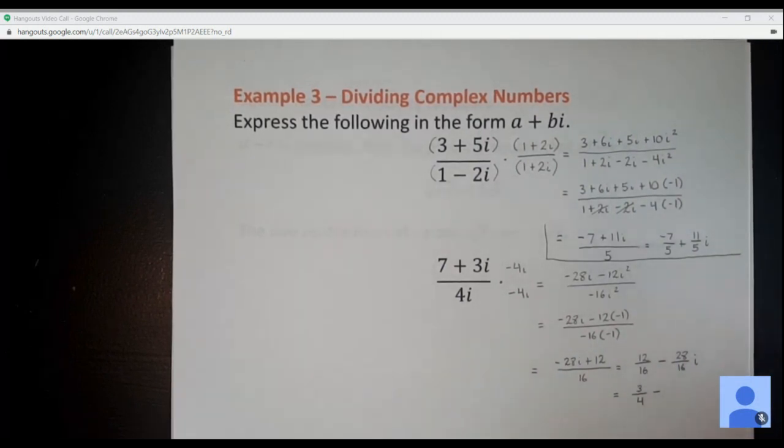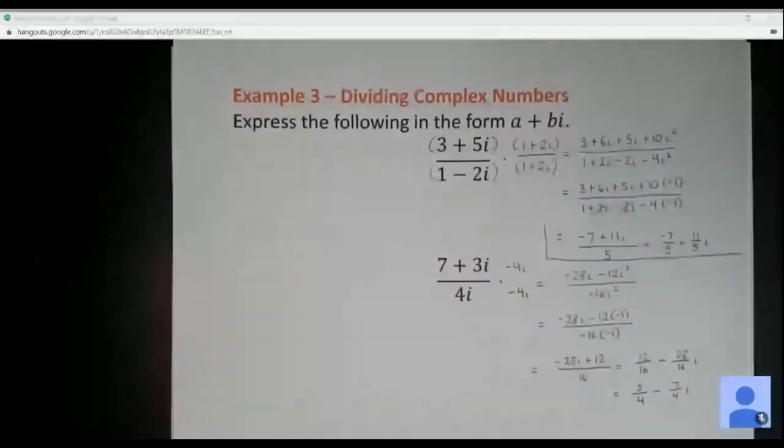So what would that be if we simplify it? Good. 7 over 4 i. Okay. And so this right here would be our final answer for that one, because we have our real part and we have our imaginary part. Any questions on those now?